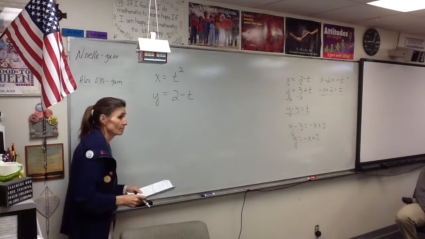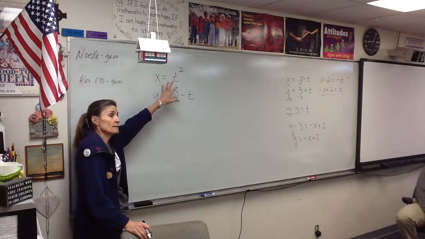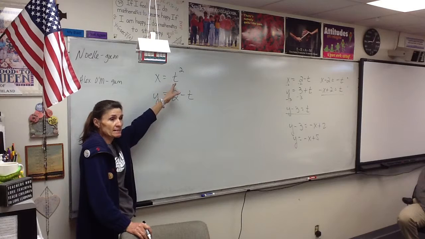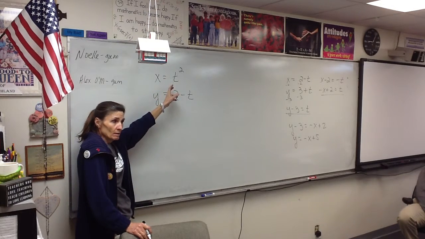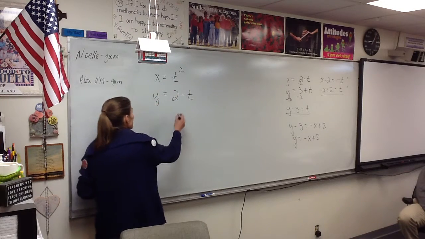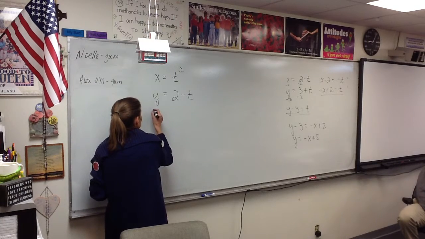Now, this one I'm going to do a little bit differently because I don't really want to get this t by itself, because in order to get that t by itself, what would I have to do? Yeah, I don't want to mess with that. So I'm going to take this second one and mess around with it a little bit.